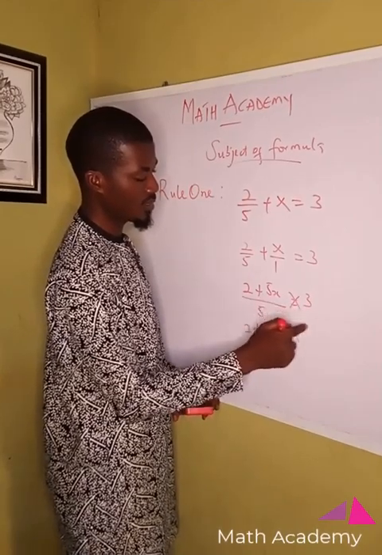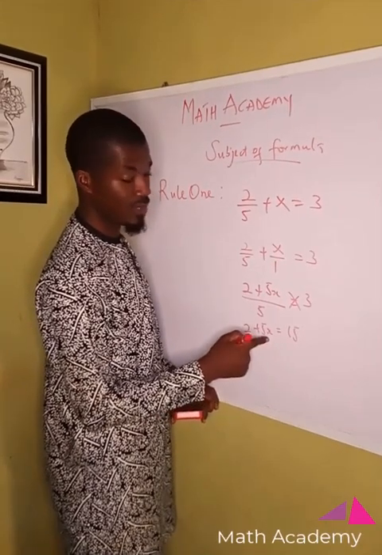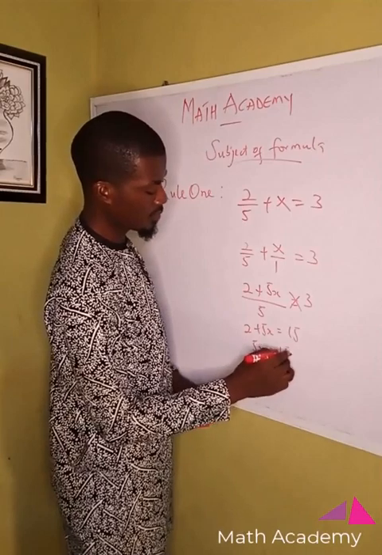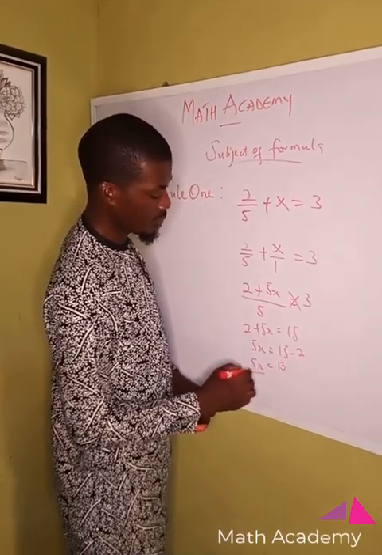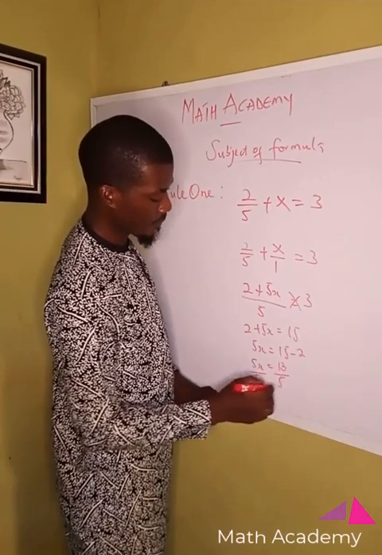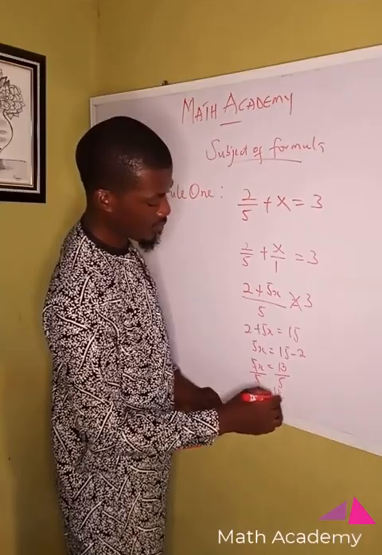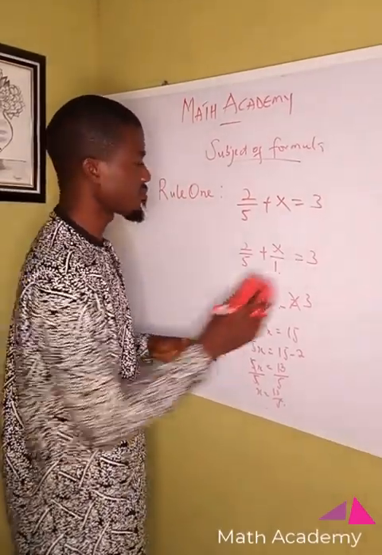We take the 2 to the other side to make this stand alone. So 5x equals 15 minus 2, so 5x equals 13. Divide both sides by 5, so 5 cancels 5, and x equals 13 over 5. This is a long process. Just use the first to get your answer.